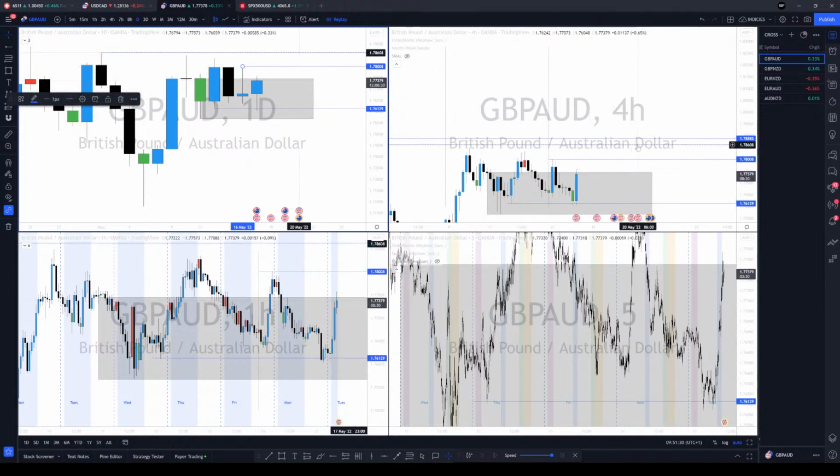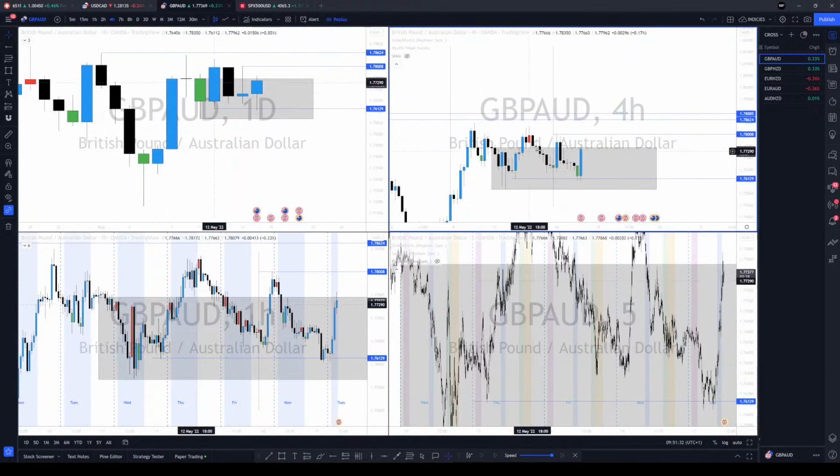So once you notice this kind of price action, you don't want to be holding on to trades, because chances are it's going to go back inside the range after the high or low is taken. Okay, so with yesterday's price action, that's what it looks like.